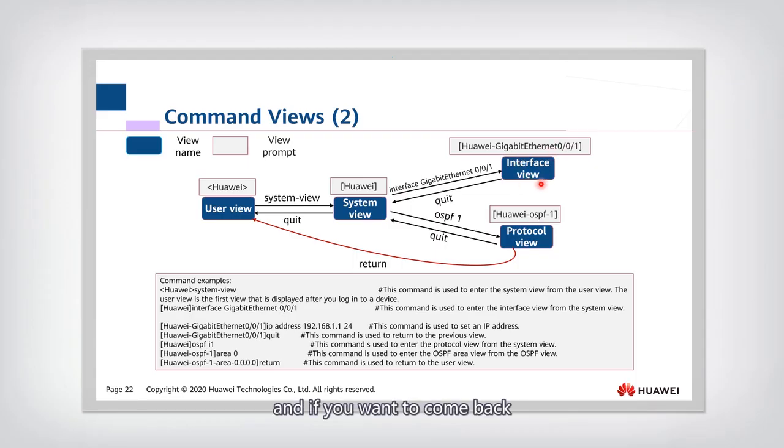If you want to come back, you can use quit from interface to system, or from system to user view. User view only provides display commands, and system view only provides very simple global configuration commands. User view also provides some tool commands.